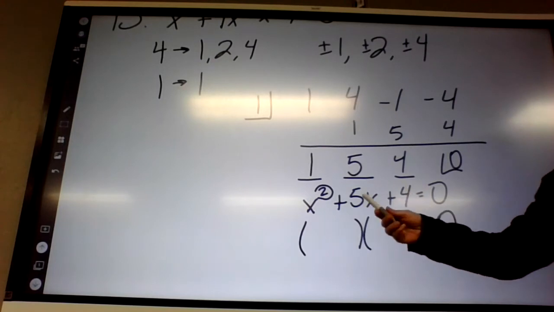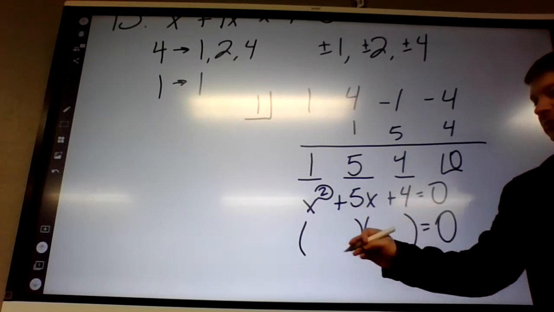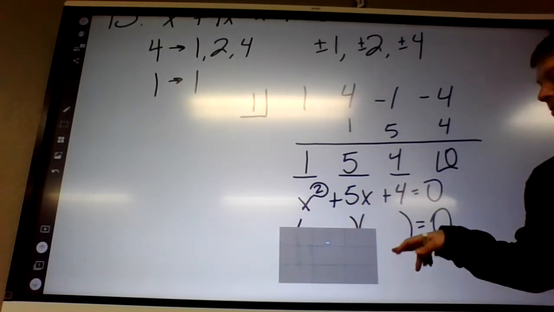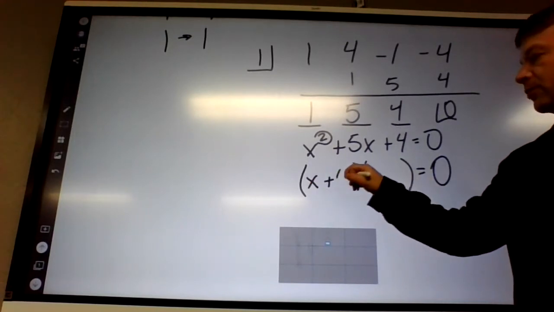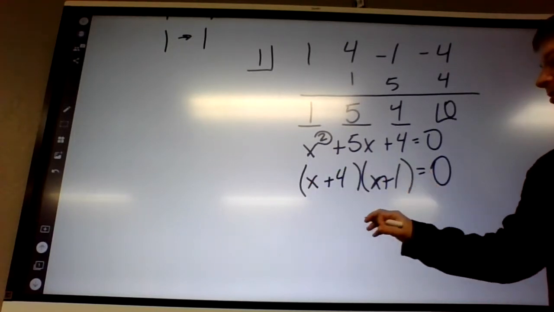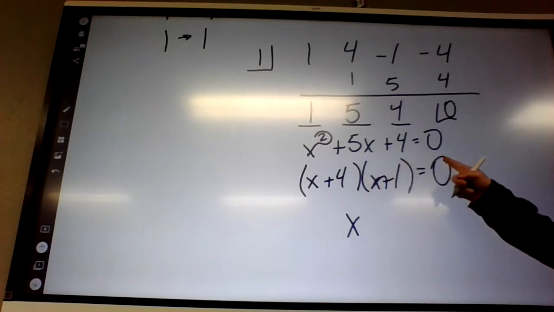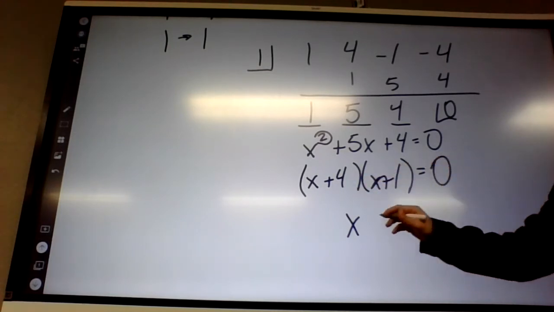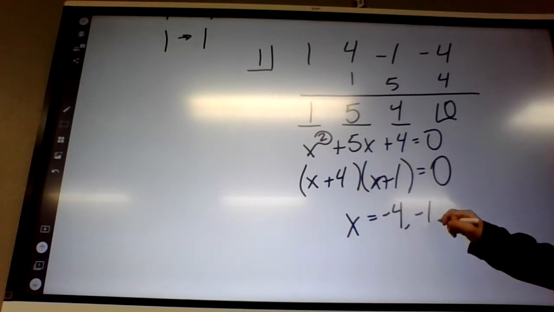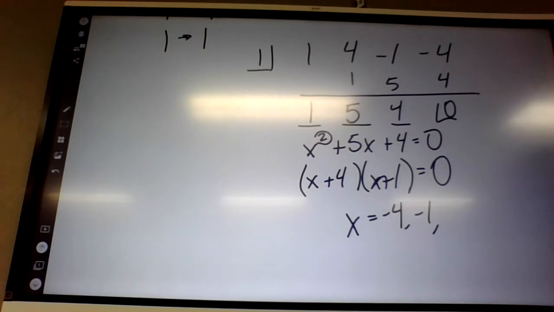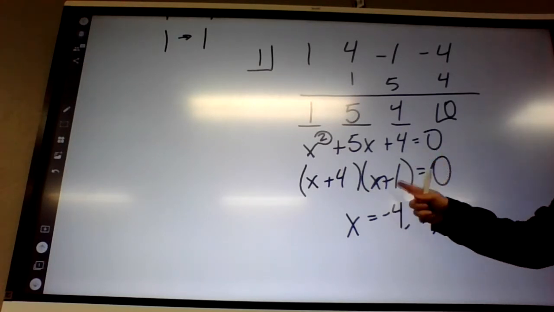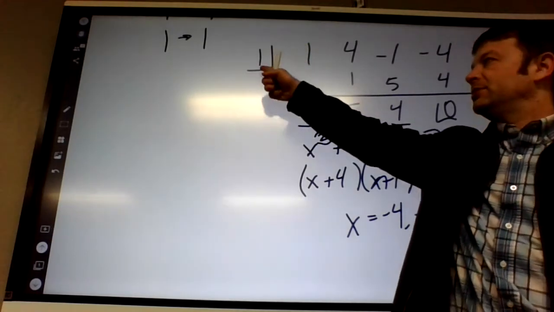What multiplies into 4 that adds up to 5? 1 and 4. So what x values make these factors equal to 0? -4 and -1. Okay, so my 3 answers are -4, -1, and +1.